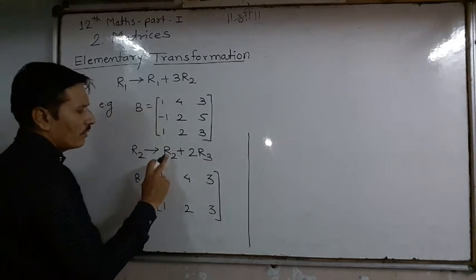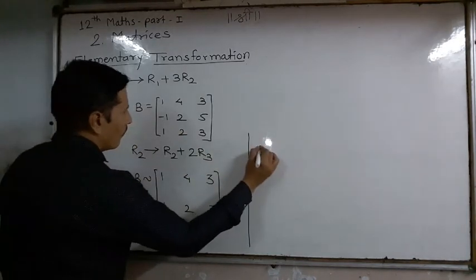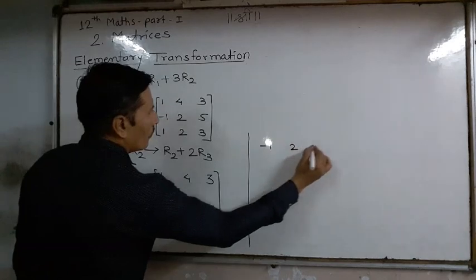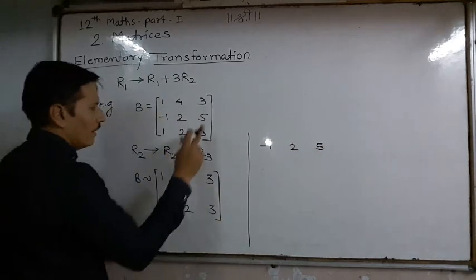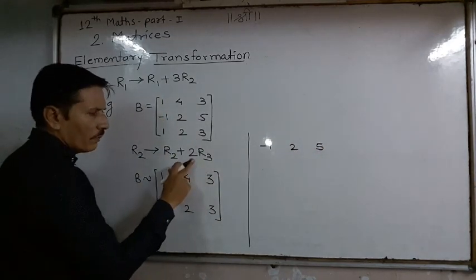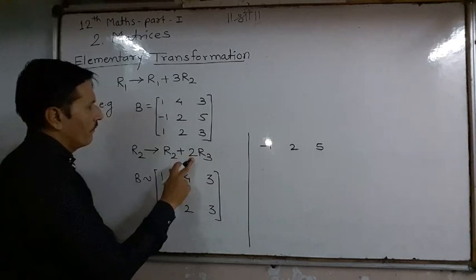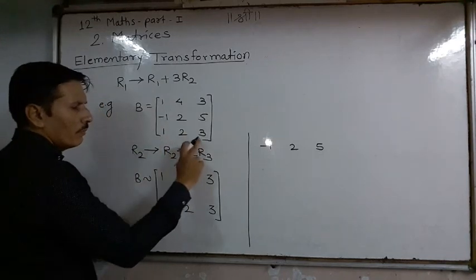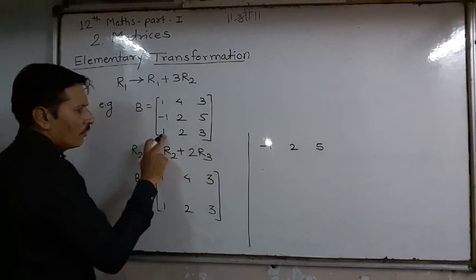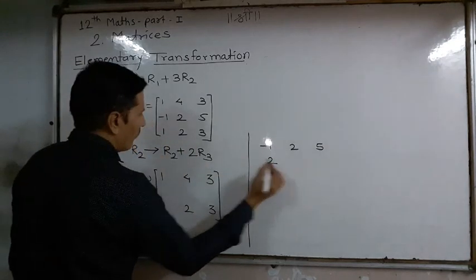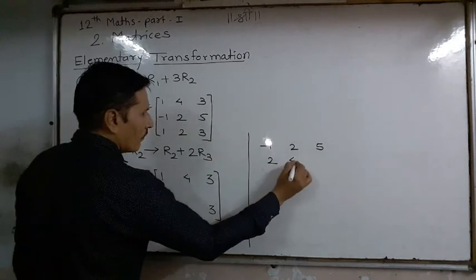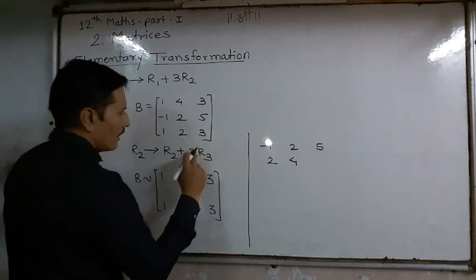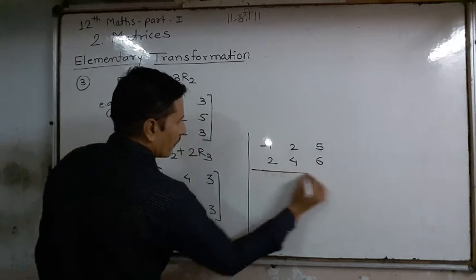R2, right? First of all the elements of R2, that means minus 1, 2, 5. Now multiply the third row by 2, so the third row, multiply all elements by 2. 1 into 2, 2. 2 into 2, 4, and 2 into 3, 6.